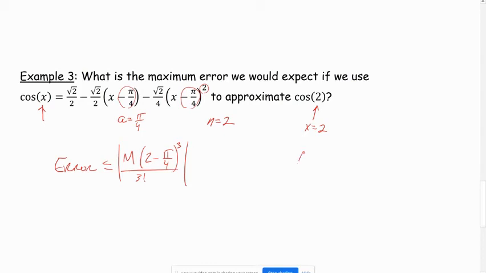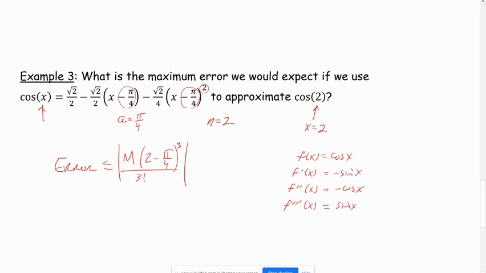So if f of x is cosine x, f prime of x is negative sine x, f double prime of x is negative cosine x, and f triple prime of x is sine x.